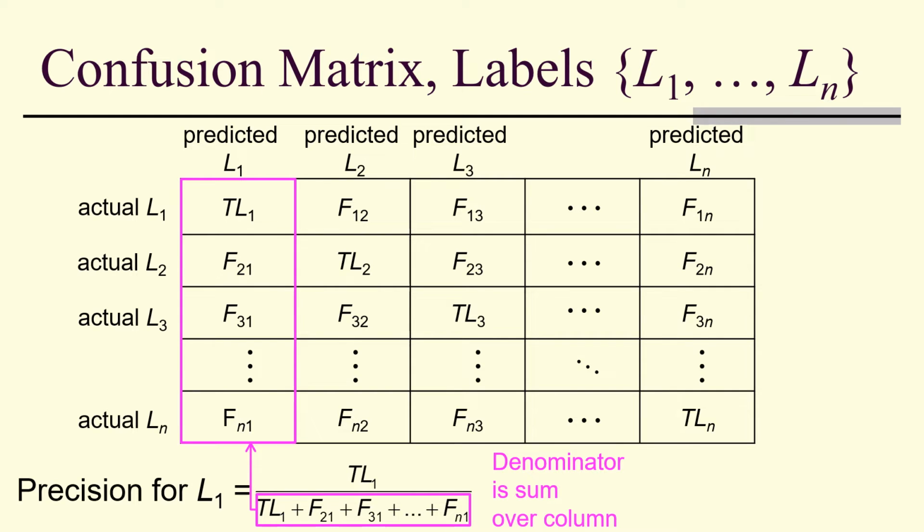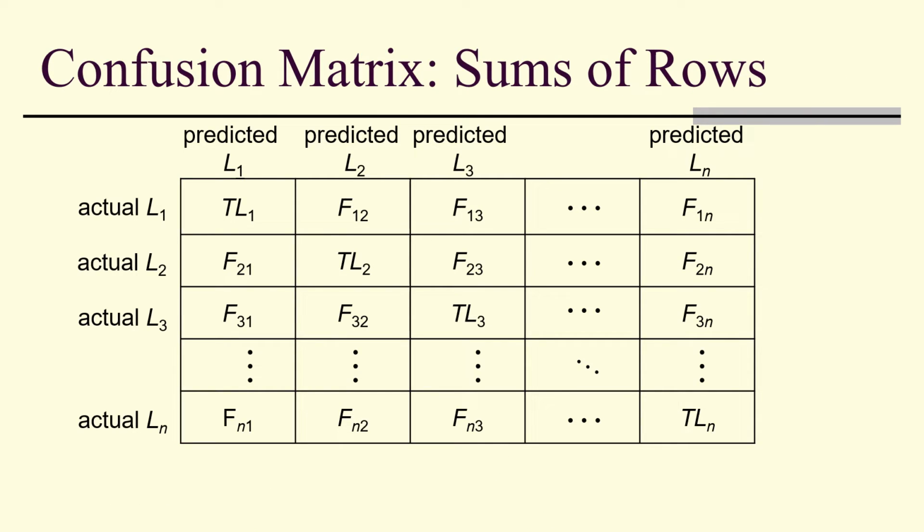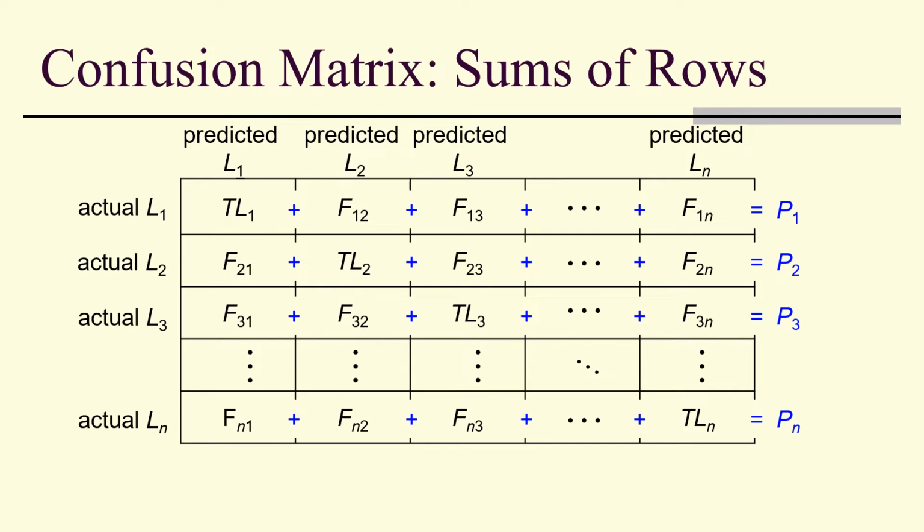In other words, the true label 1 divided by the sum over the first column. Notice that if we take sums of rows, we get the number that actually have that label. So the sum of the first row is the number actually labeled L1, second L2, third L3, and so on.